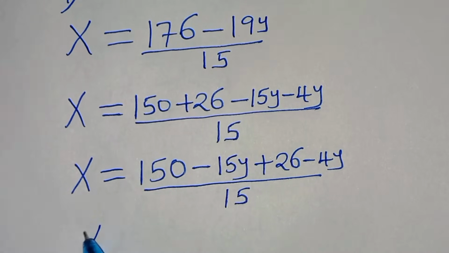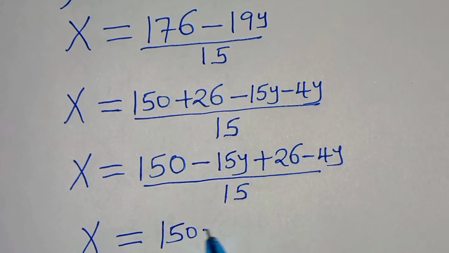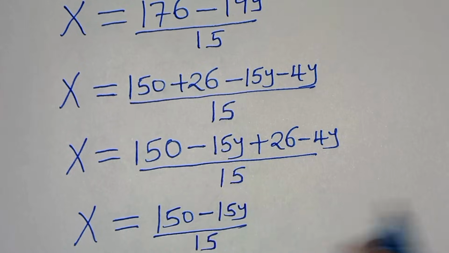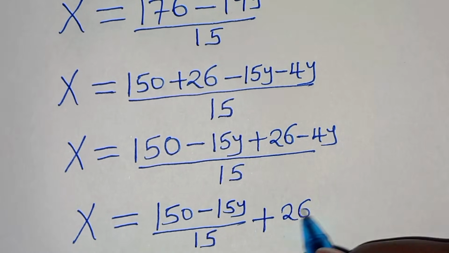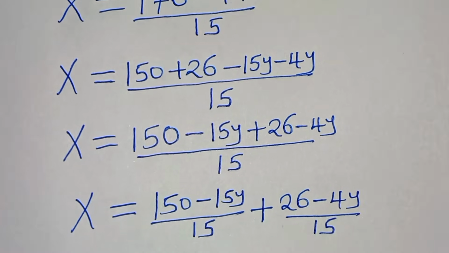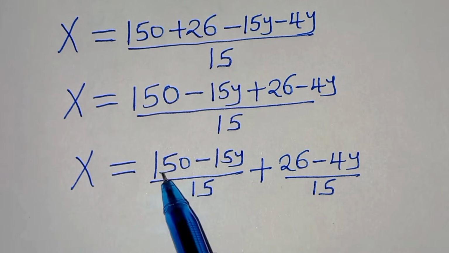Now, this is x is equal to, now we have 150 minus 15y. Let's divide this by 15, then plus 26 subtract 4y divided by 15. So we have that 15 is common here.